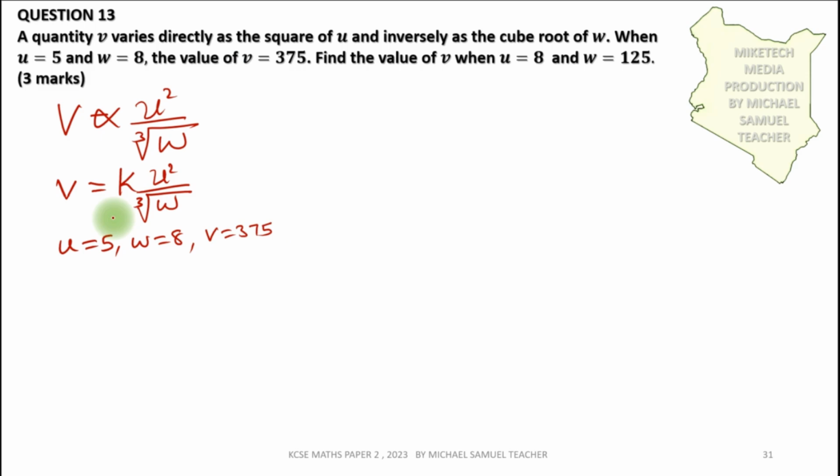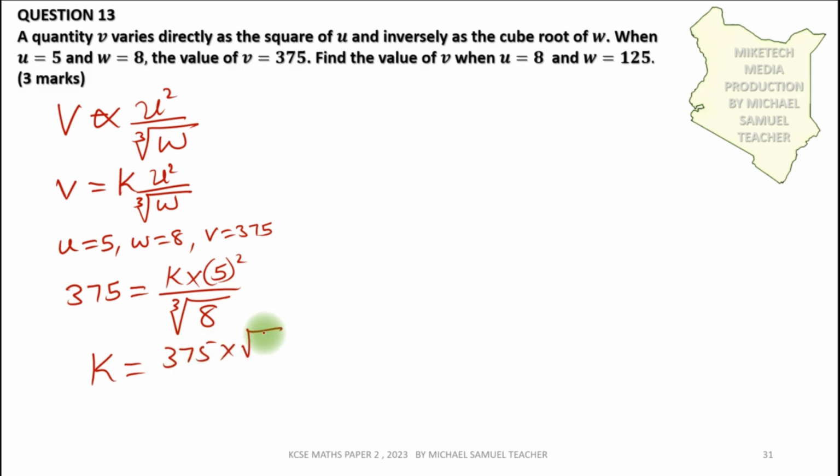We substitute into this equation, so we shall have 375 is equal to k times 5 squared all over cube root of 8. So k will be equal to 375 times cube root of 8 all over 5 squared.